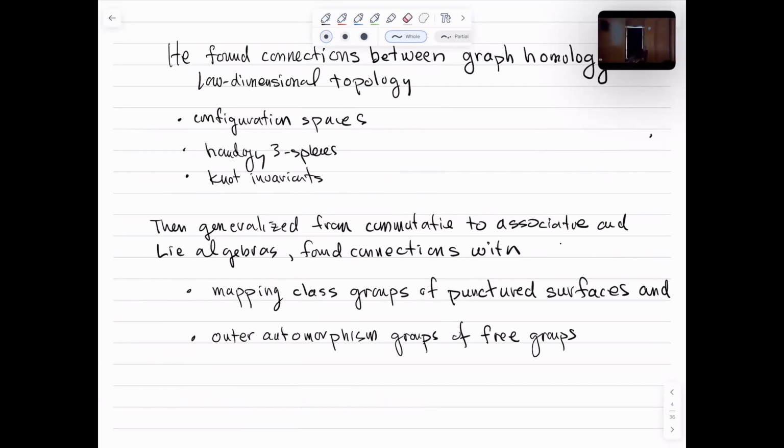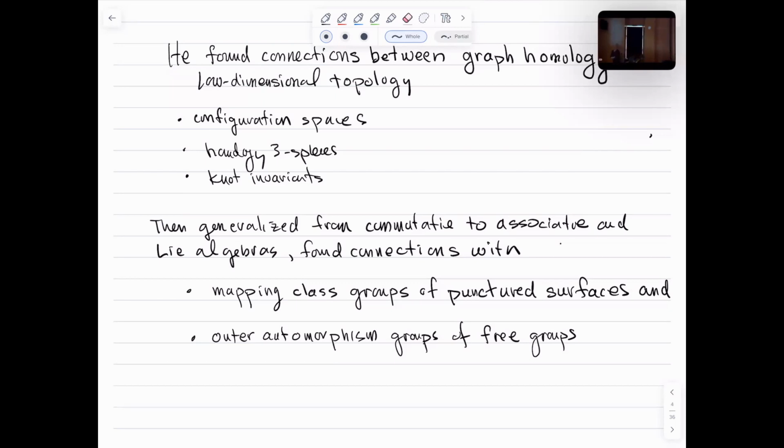In particular, they're related to the cohomology of configuration spaces of points on a manifold. Graph homology complexes contain invariants of homology 3 spheres, and they're closely related to various knot invariants, like the Vassiliev invariants, you know what those are.